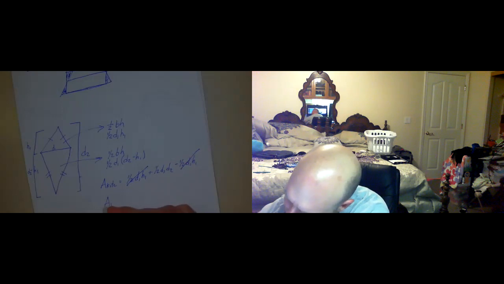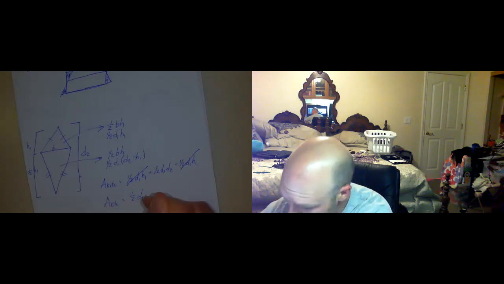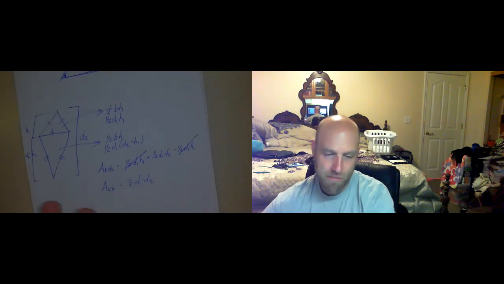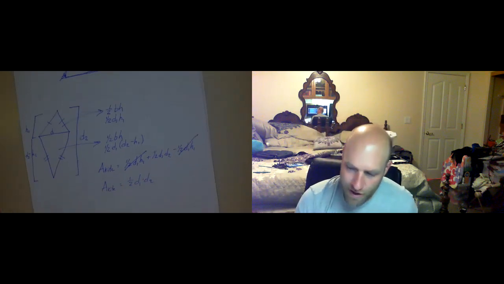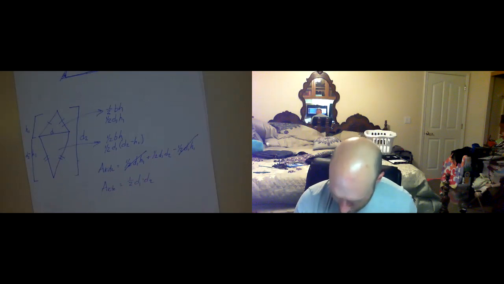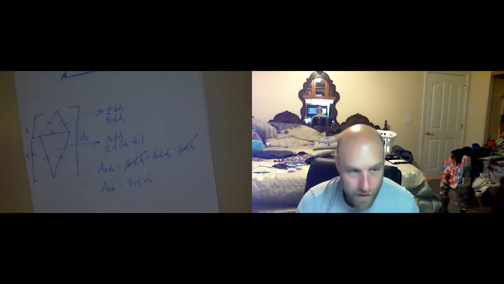Area of a kite is simply 1/2 diagonal 1 times diagonal 2. I do emphasize that multiplication in there. I cannot tell you how many formulas I have seen which are incorrect, which have addition in there instead. So 1/2 diagonal 1, diagonal 2.